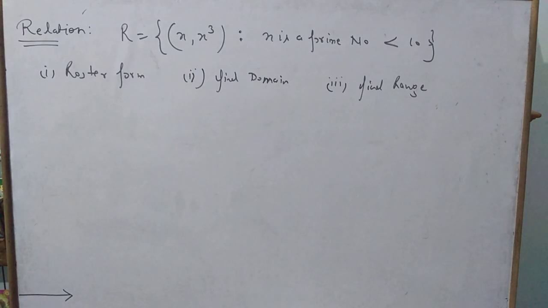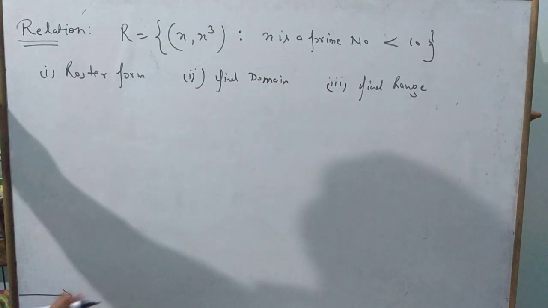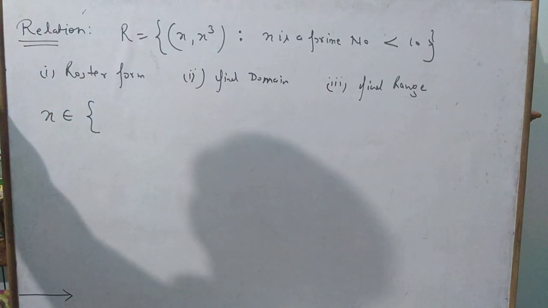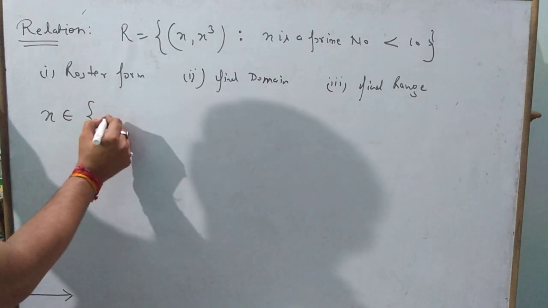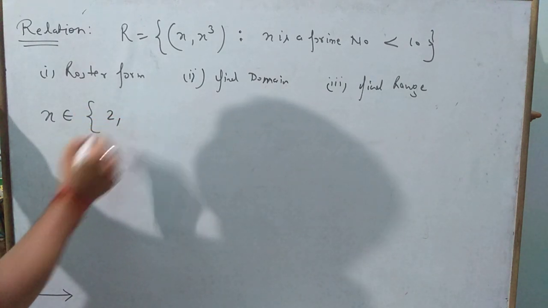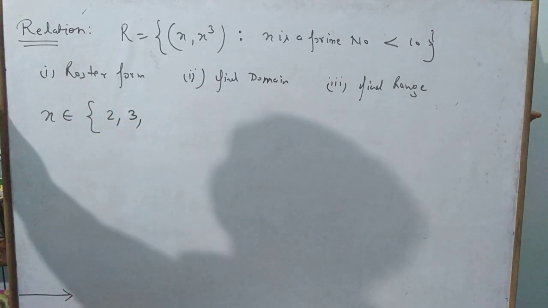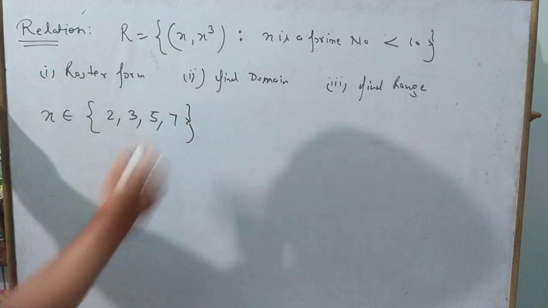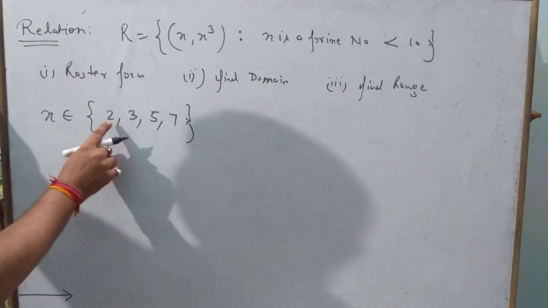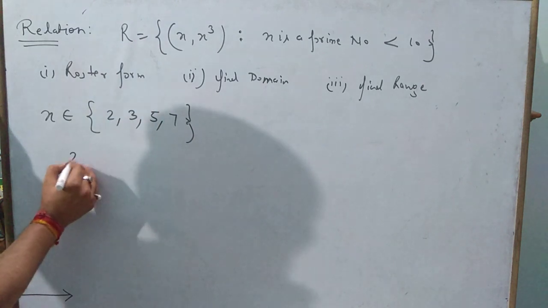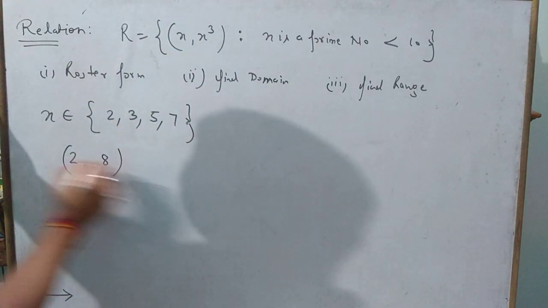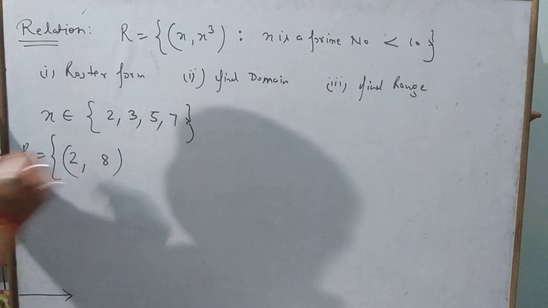In this case, x is a prime number less than 10. So firstly, write the prime numbers less than 10. 1 is neither prime nor composite. 2 is a prime number, 3 is a prime number, 5 is a prime number and 7 is a prime number. Now the ordered pairs: when x is 2, 2 cube becomes 8.